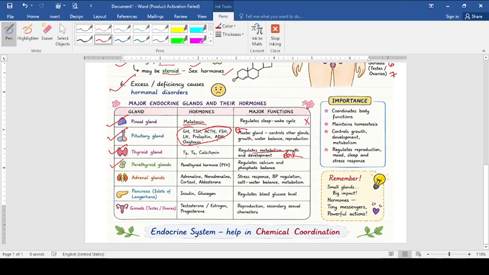Then we are next having the adrenal gland. Now, this adrenal gland is located on the top of the kidney, fitted as a cap. It releases two hormones, adrenaline and noradrenaline. Now, adrenaline is the hormone of emergency. Noradrenaline is a calming hormone, and its boundary, you can say wall, is secreting certain hormones, cortisol and aldosterone.